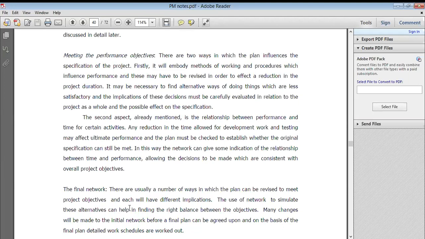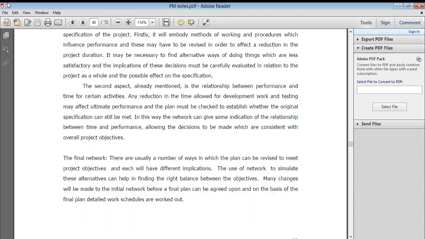Okay, first you check your work and then you start, because overall it calculates the performance, right? Now the performance must what? A reduction in time allotted for development work, testing, specifications are there, everything is there, because it's a work.